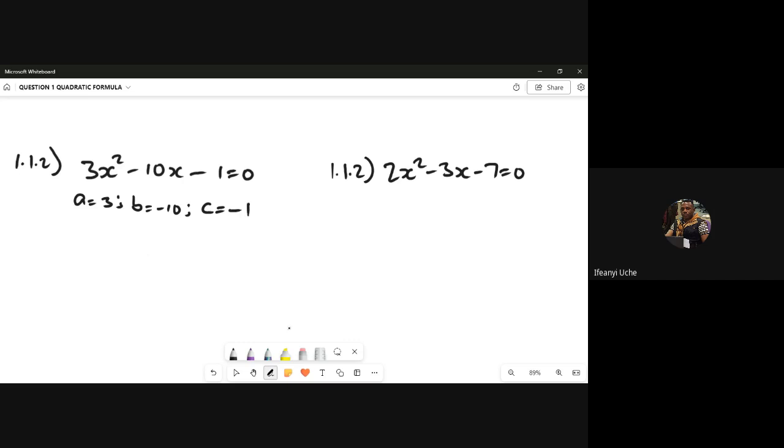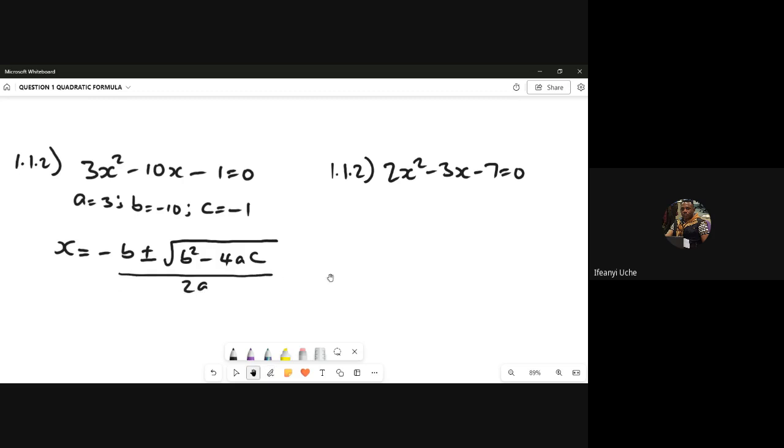Then for the quadratic formula, you must always write down the formula, which you know is x equal to negative b plus and then minus the square root of b squared minus 4ac over 2a.